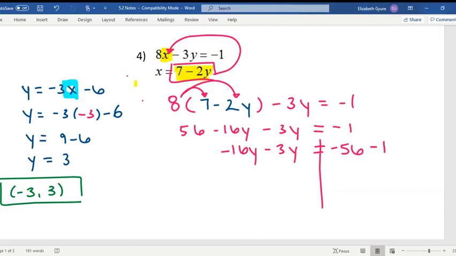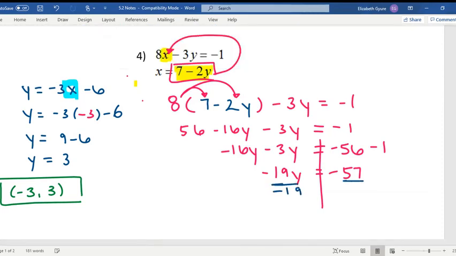Okay. Now combine your like terms. What's negative 16y minus 3y? Very good. Negative 19y. Negative 56 minus 1. Negative 57. Look at you. And then what do we do to both sides?